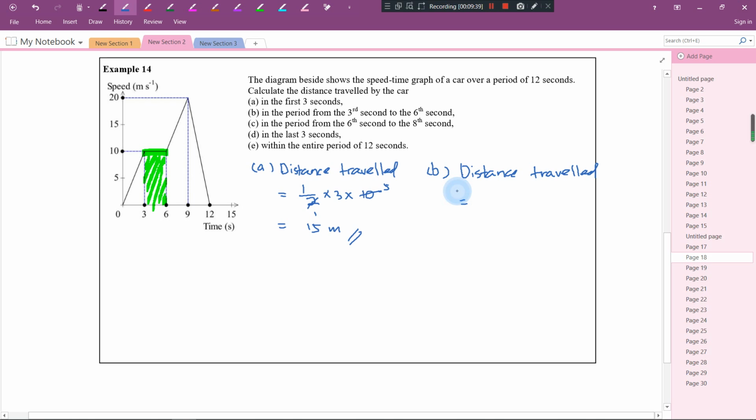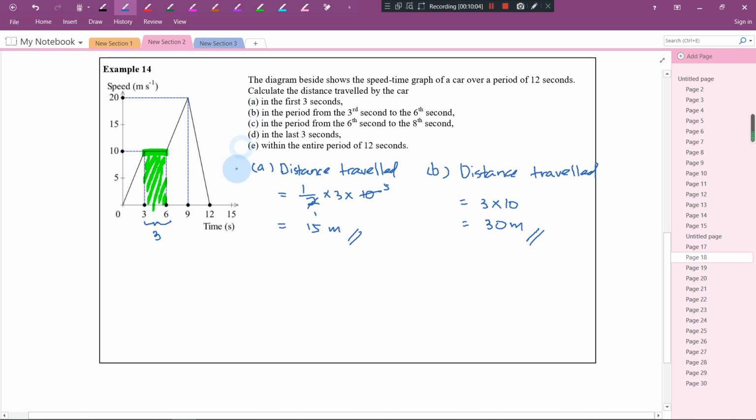Finding the area of a rectangle is easier, right? You just take this here. Remember, don't take 6, because the length here is actually 3 only, from 3 until 6, which is 3 units only. So 3 times 10 gives you 30 meters.